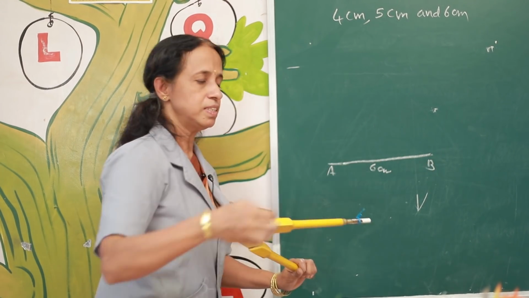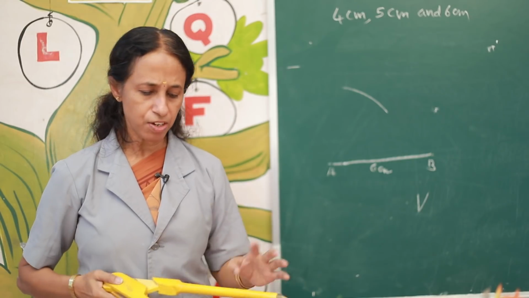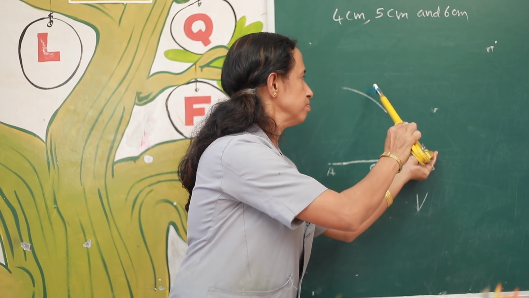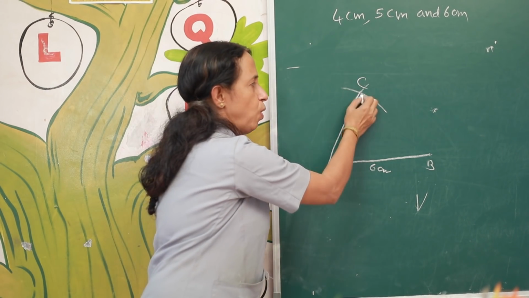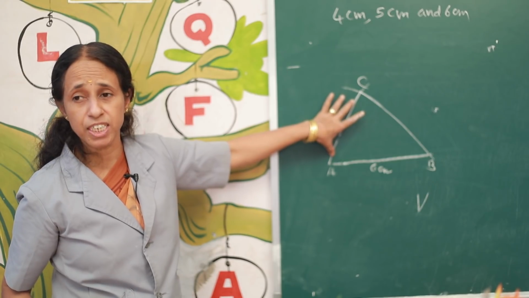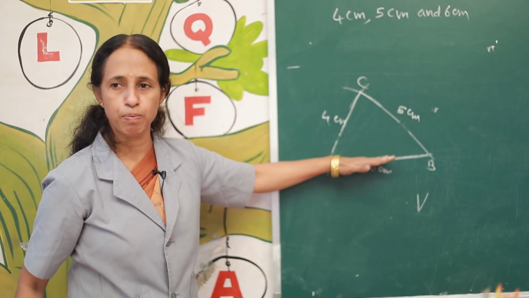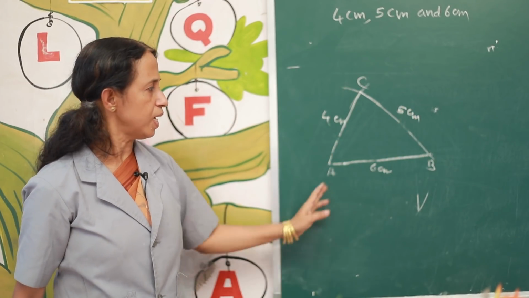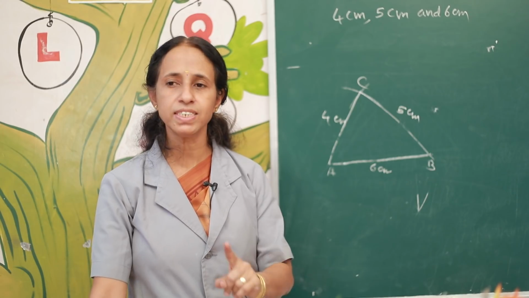Draw an arc centered at A. Then measure 5 centimeter on the scale and draw an arc centered at B. Connect C to A and C to B. The length of AC is 4 centimeter, the length of BC is 5 centimeter, and the length of the base is 6 centimeter. This is triangle ABC.